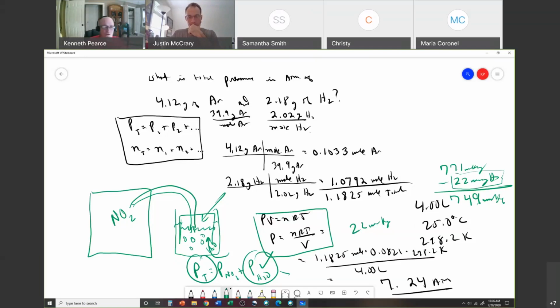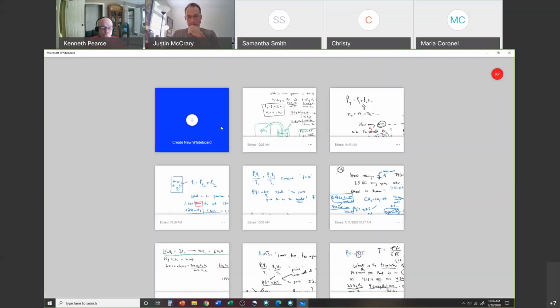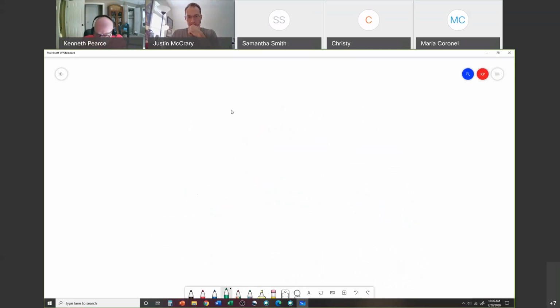Now let's switch gears completely. And let's take a look at something else here. We have something called the speed of gas particles. All right, so the speed, though, is something called the velocity RMS, and that's actually a V, as in the actual velocity.